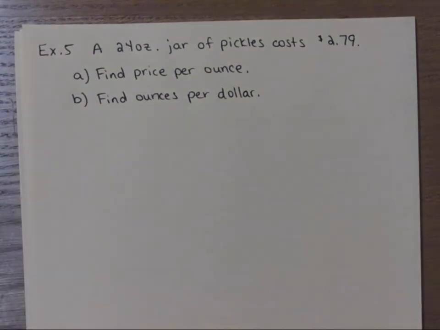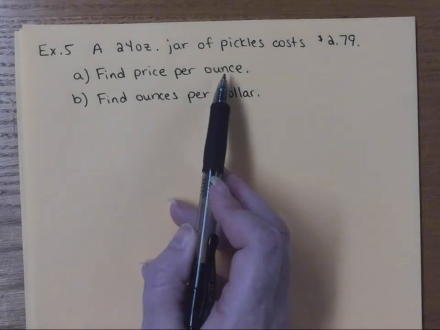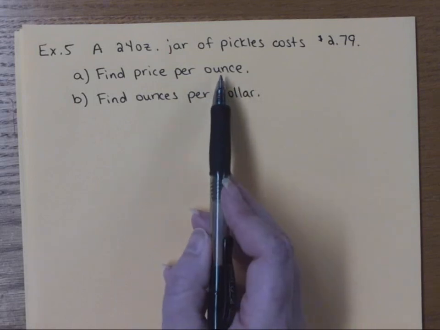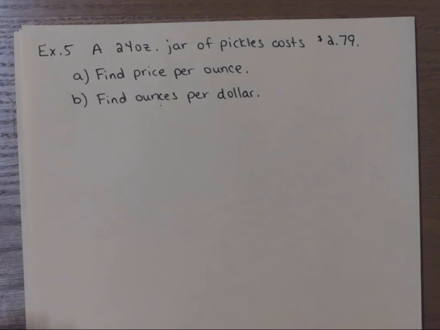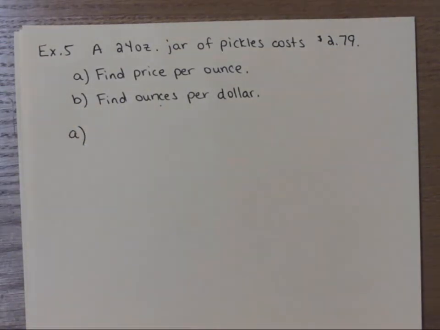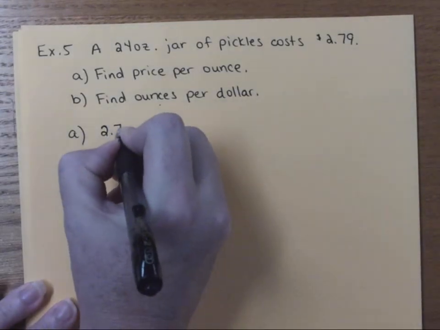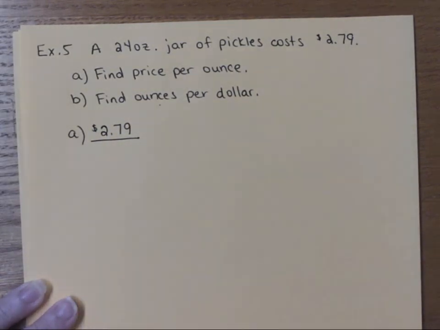Okay, so this will be a good practice in finding some rates. Notice these are rates because it's price, which is money, per unit of measurement, or volume, and this is volume per money. We're just flipping them around. So I just wanted to look at these 2 alternative ways to look at it. If I want the price per ounce, then I'm going to say the price per how many ounces I get, right?